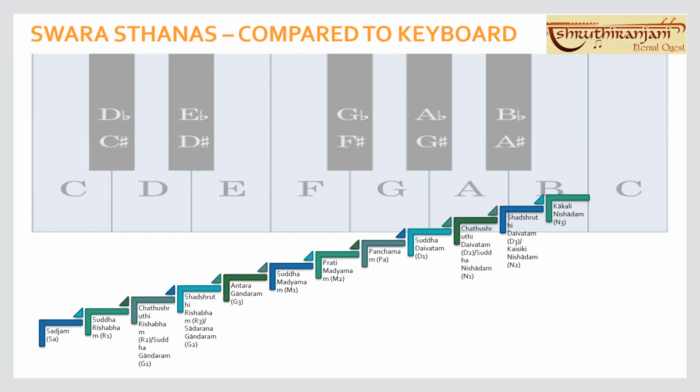But you play Sa and then you play Re, the Chatushruti Rishabham, and then you play Ma. You may not hear the same effect. Or you play C, E, and F together. You will not be feeling that harmony. The reason is they don't create that kind of harmony. They are different frequencies, and these frequencies can be heard separately, cannot be heard together. It's not pleasing to hear together.